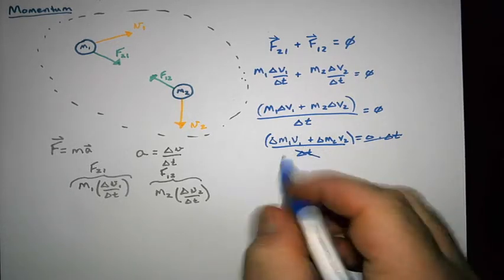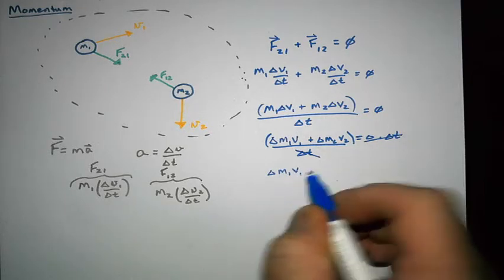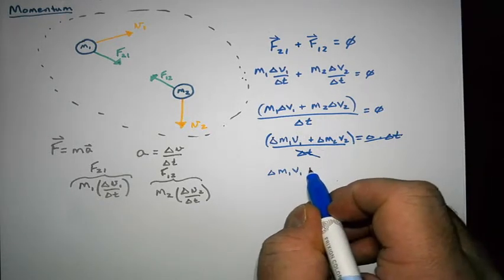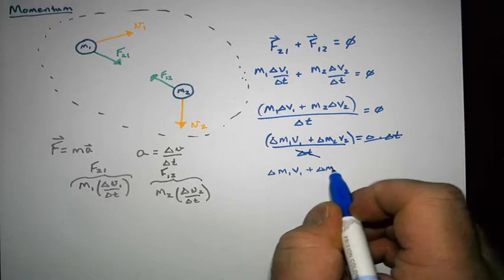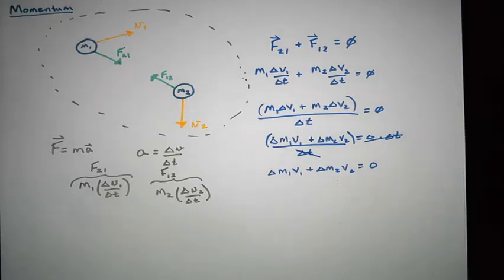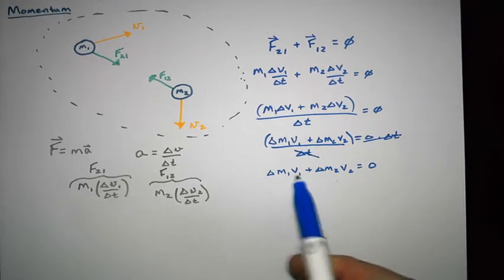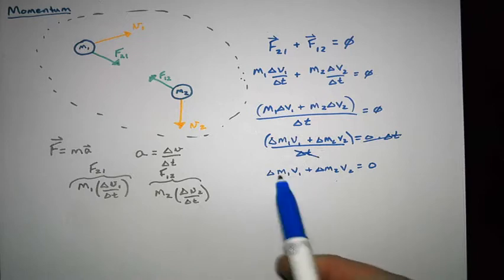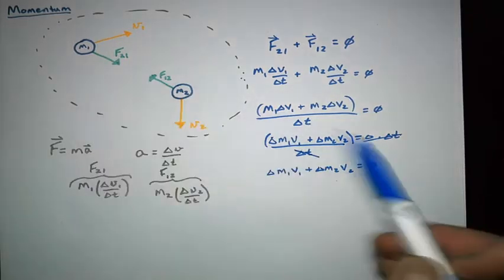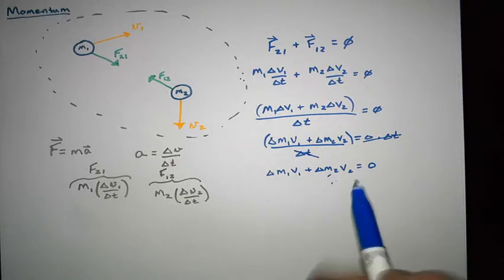So what we get here is the change in mass times velocity on the first object, because of Newton's second law, equals the change in mass times velocity on the second object.